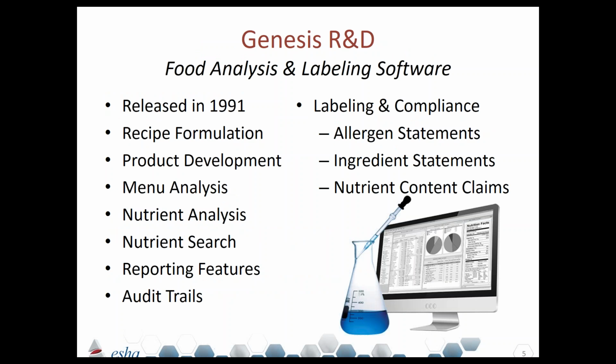A little bit about Genesis. Genesis was released in 1991 for recipe formulation, product development, menu analysis, nutrient analysis and searching, reports, and audit trails. It's also built for building compliant labels, allergens, ingredients, and nutrient content claims.